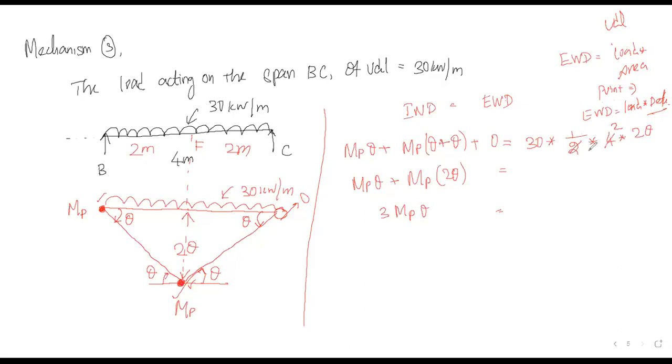So 2 into 2, 4. So 30 into 4 theta, 120 theta. Therefore, MP is equal to 120 theta divided by 3 theta. Theta theta gets cancelled. So MP is equal to 40 kilonewton meter.